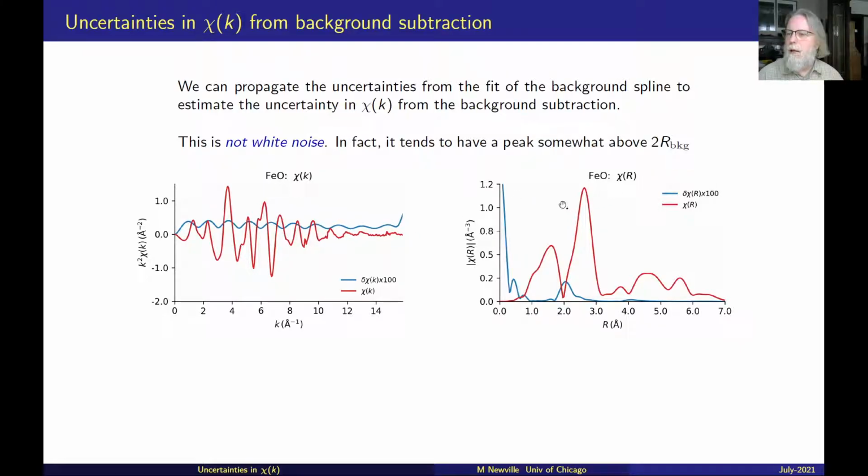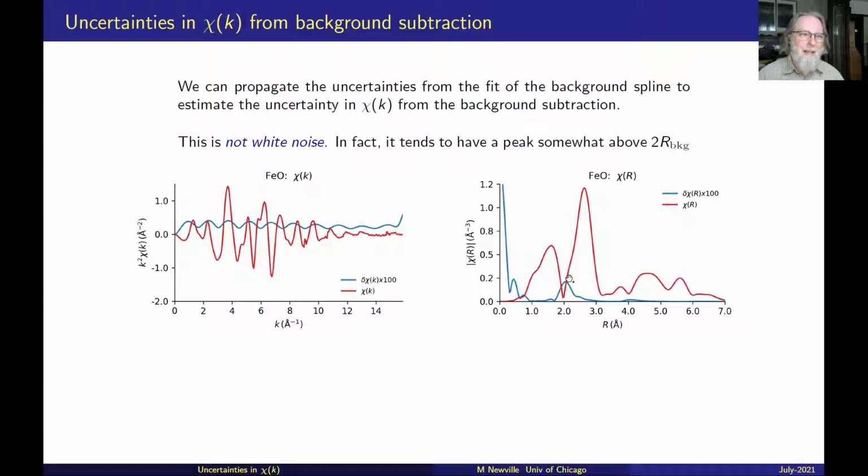So if I plot that in R space, the uncertainty in the data is mostly an offset value, a zero frequency component, but there's a little bit of oscillation right at about 2 times RBKG, which I think is interesting. It might be an artifact of the spline. It might be something we should really look into to see if we can improve.